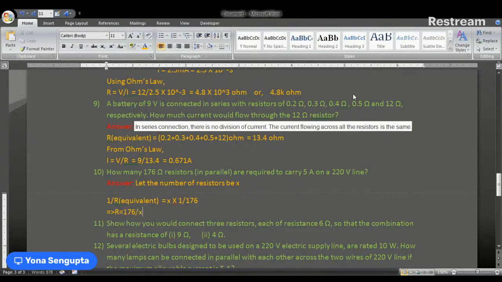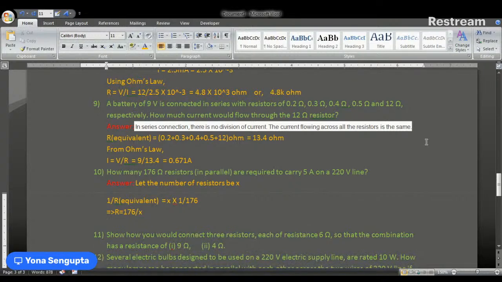So we get here the equivalent resistance in the parallel combination.